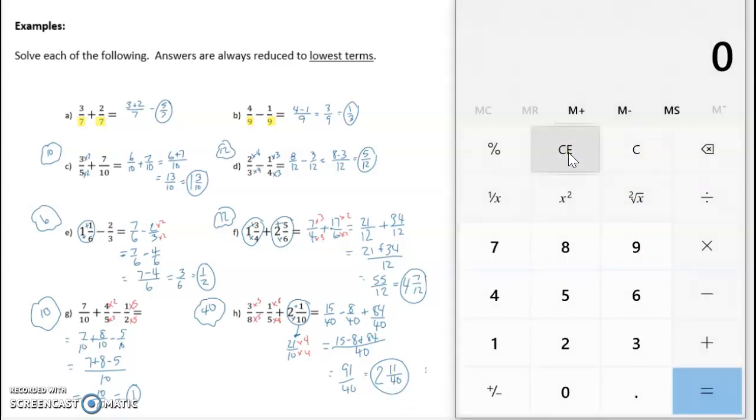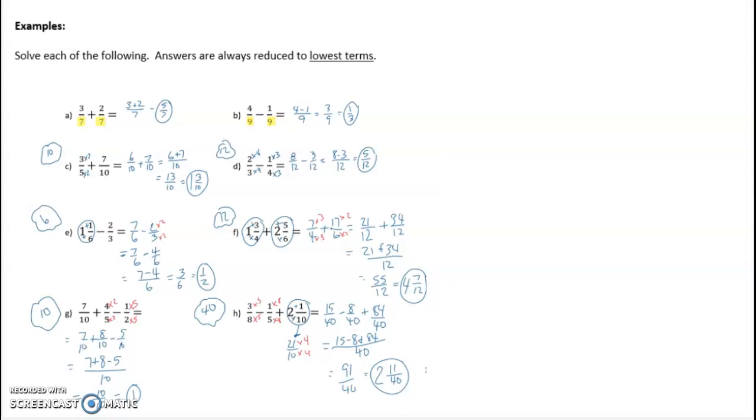So 91 minus 80, because 40 times 2 is 80, gives us 11. So that's why we have our numerator 11 and then our denominator as 40. And we can't go any lower because 11 is, oh, what's the word I'm looking for right now? It cannot be divided any lower, okay?